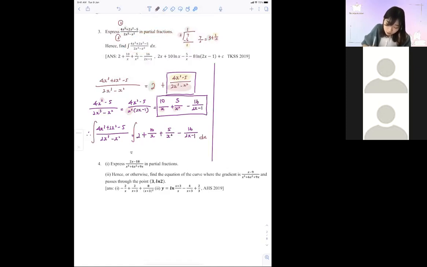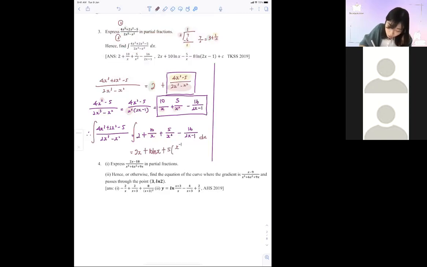So now we can integrate. 2 changes to 2x. This is x to the power of minus 1. Whenever it's power minus 1, you change it to ln, because power increased by 1 becomes 0, then everything becomes 1, so there's no way we can do that. This is our special case, ln. Next one, this is power minus 2, so this is not ln.